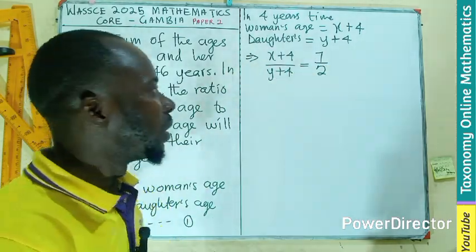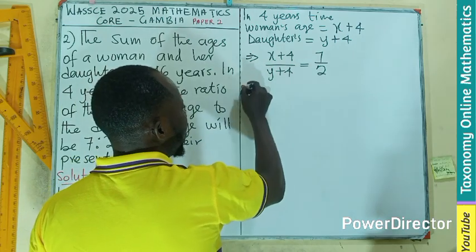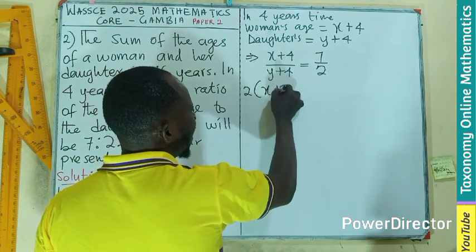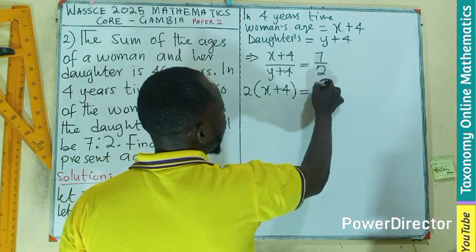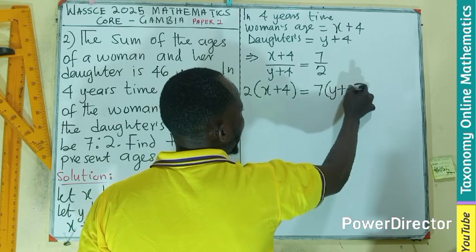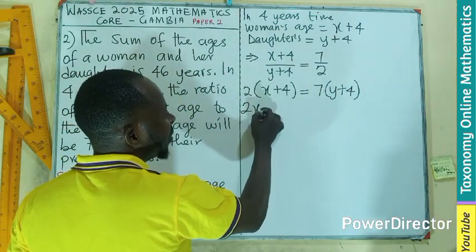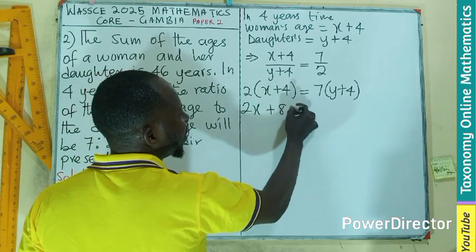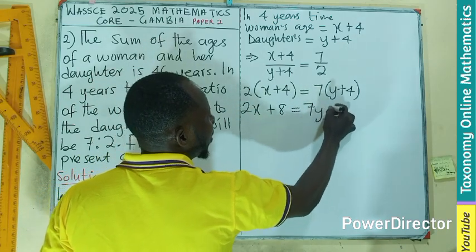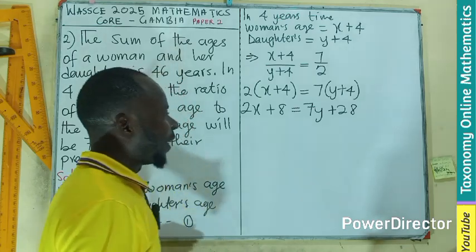This is a proportion. So we can cross multiply, making 2 multiplying x plus 4, 7 multiplying y plus what? 4. Let's expand to have our 2x, then we have plus 8, 7y plus what? 28.